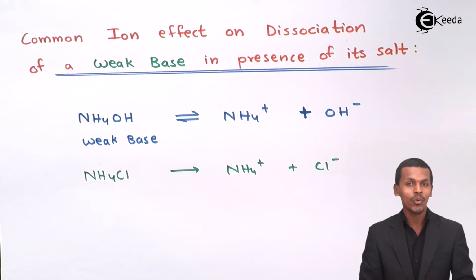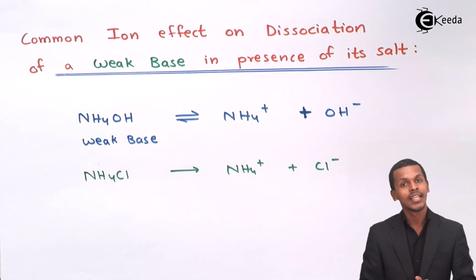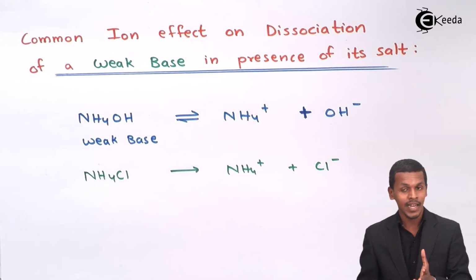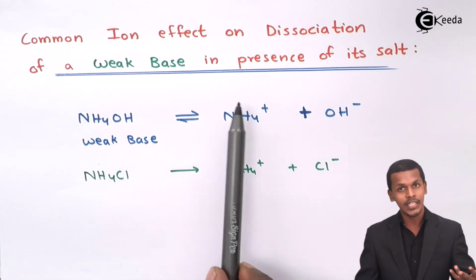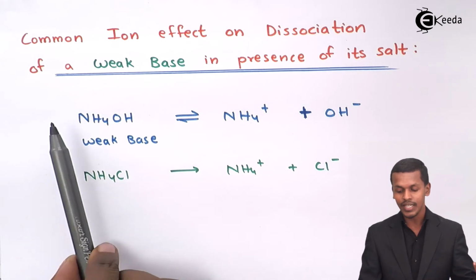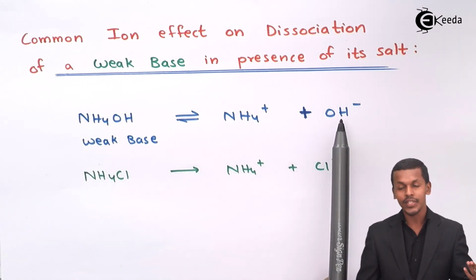Whenever an equilibrium is maintained between an electrolyte and its ions, a stress is produced when the concentration is increased on one side, and in this case the concentration of NH4 plus has been increased on one side. Earlier we took 1 mole of NH4OH, which dissociates into NH4 plus along with OH minus ion.